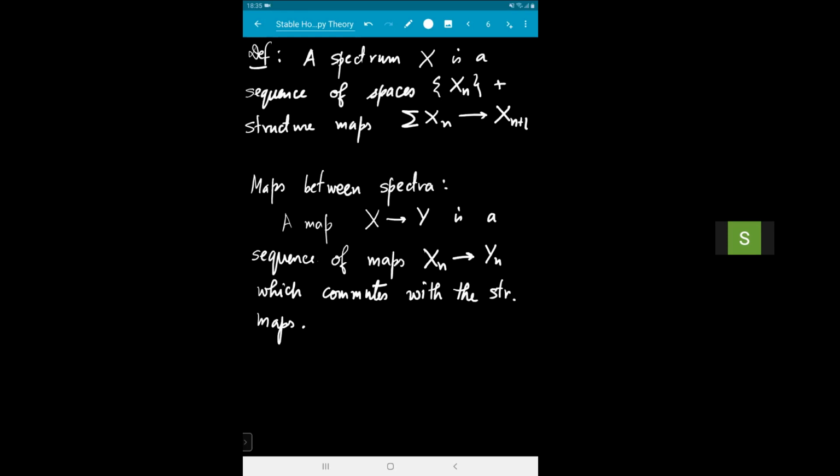So later on we will define the homotopy classes of maps. Okay, so this will be defined later. One naive way of doing it is you just look at these maps. Clearly, these maps have the structure of a topological space. You can just look at the mapping space.